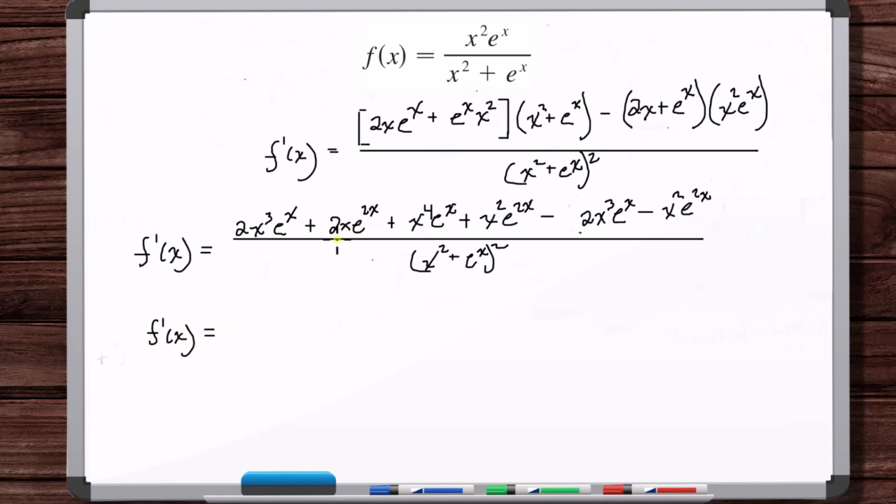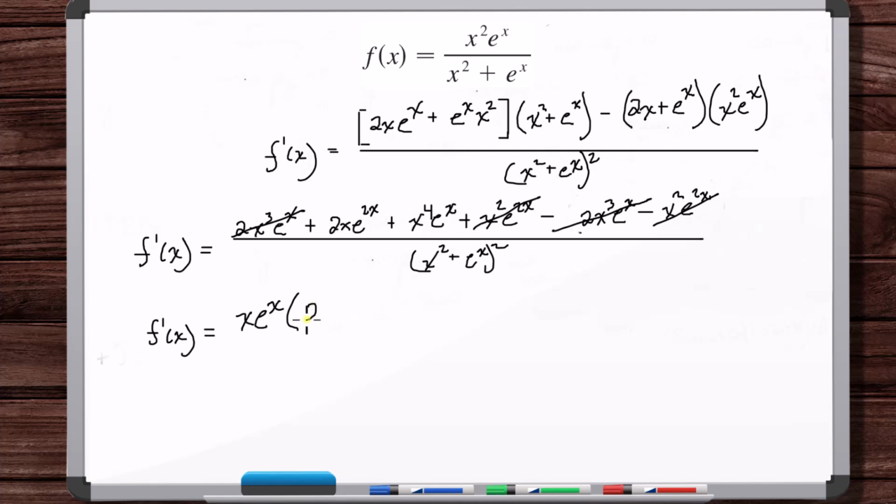Let's combine like terms. So 2x cubed e to the x, these subtract out. x squared e to the 2x, these subtract out. We're left with this 2x e to the 2x plus x to the fourth e to the x. We could take out, let's take out an x e to the x.